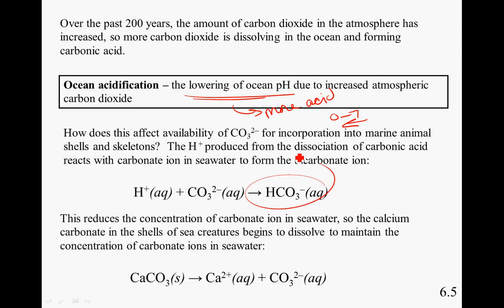This reduces the concentration of carbonate ion in the seawater. So the calcium carbonate in the seashells of the sea creatures begins to dissolve to maintain the concentration of carbonate ions in the seawater. This is actually the most important part here, because that means that there's less carbonate for those creatures. Their shells are actually getting thinner.